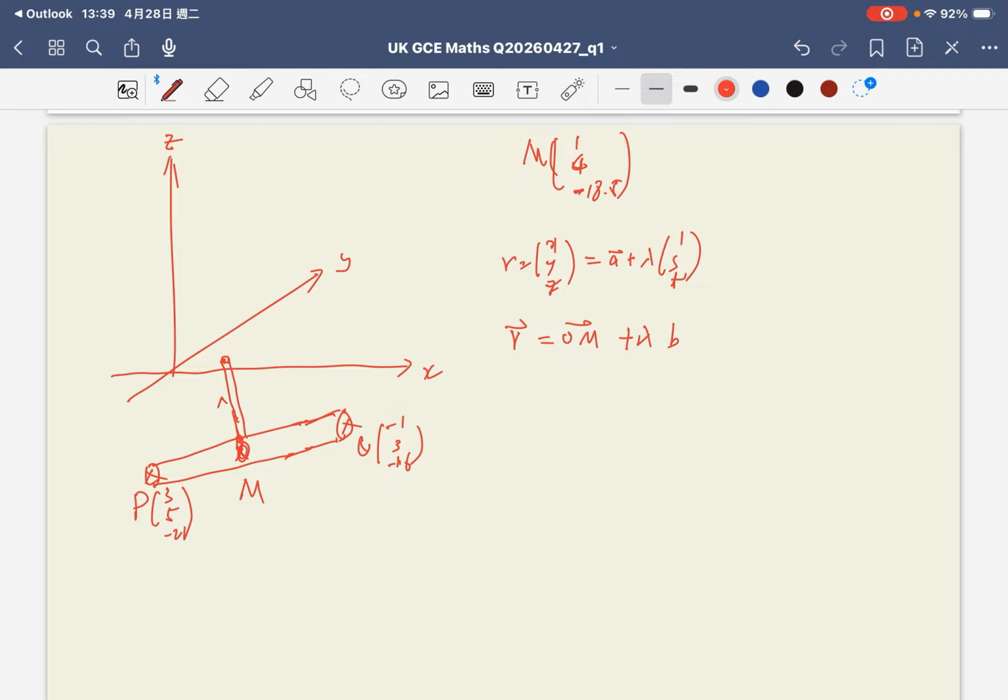The direction vector b should be like that, because this is perpendicular. The direction of this line should be b, and b should be perpendicular to the tunnel. You can see that.